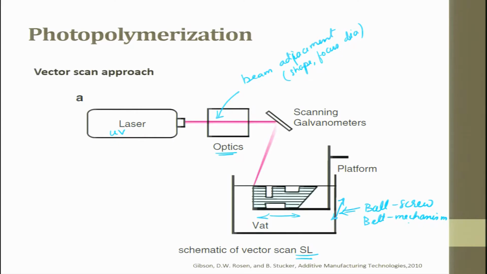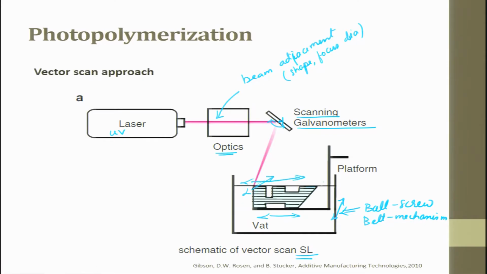So in order to avoid this, nowadays we try to go for a scanning galvanometer. This galvanometer sweeps, it is pivoted here in one direction. So it hits a layer of polymer and cures it in the X and Y plane, moving across the X and Y plane of a single layer.